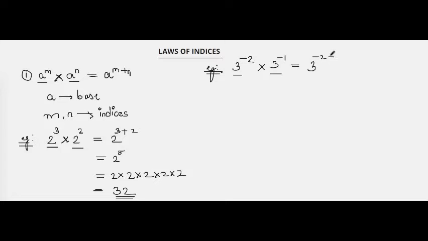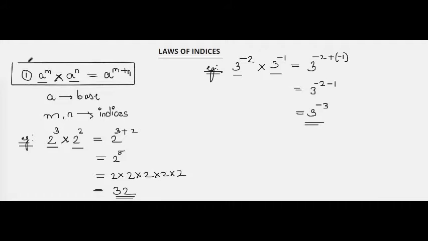Negative 2 added with negative 1 gives you 3 raised to the power of negative 3. You can keep it as it is, 3 raised to negative 3. This was the first law, where a product is involved.